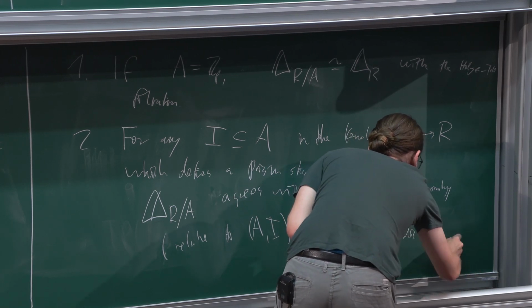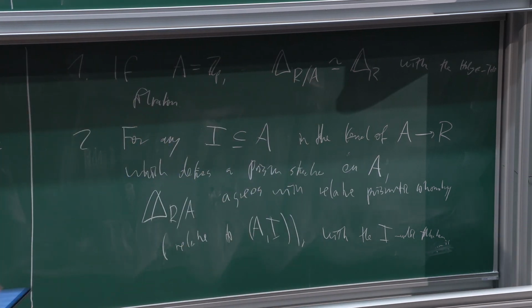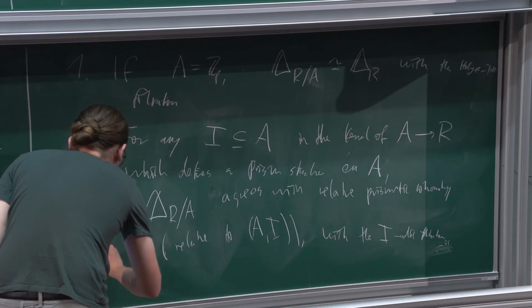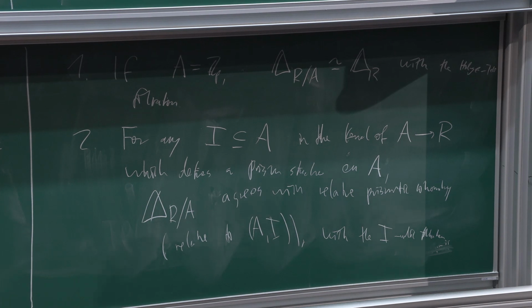Excuse me? In the first statement, the left-hand side is your functor, right? Yes. Somehow this theorem shows that there is no notational clash, but in stating the theorem, maybe one should write something else.